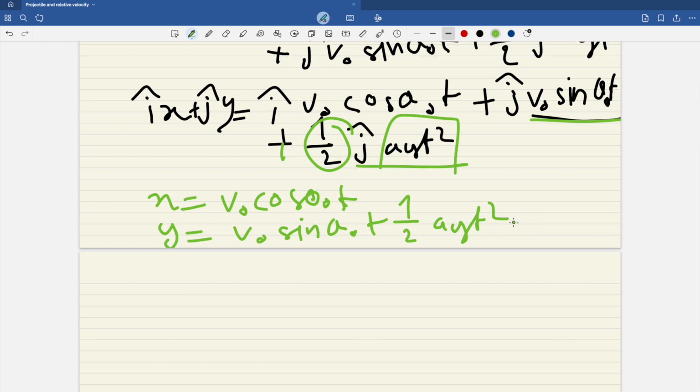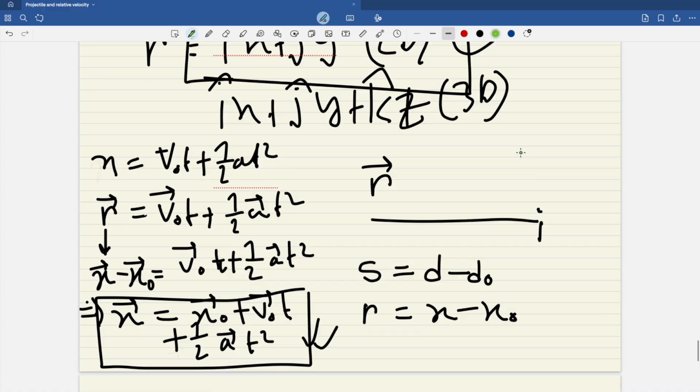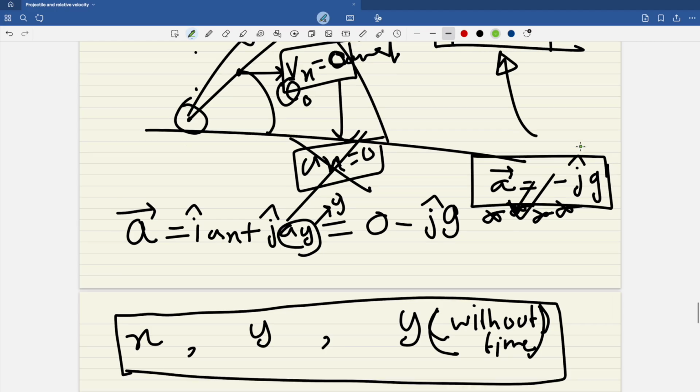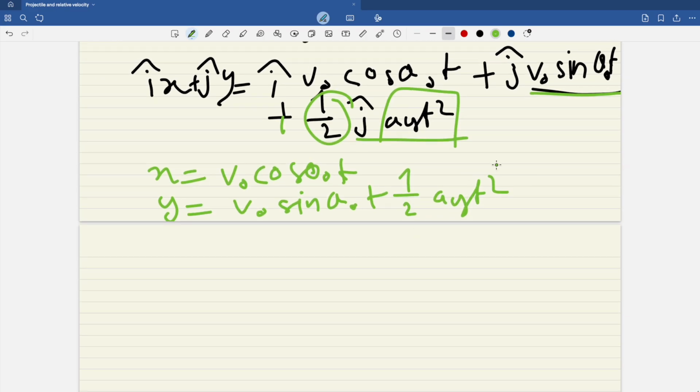Now I mentioned earlier that the acceleration ay is minus jg. So ay will be replaced by minus g.